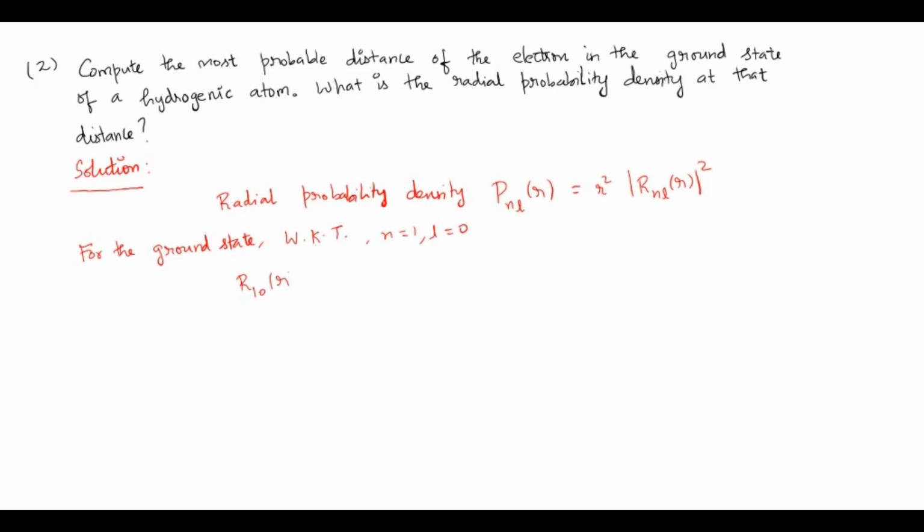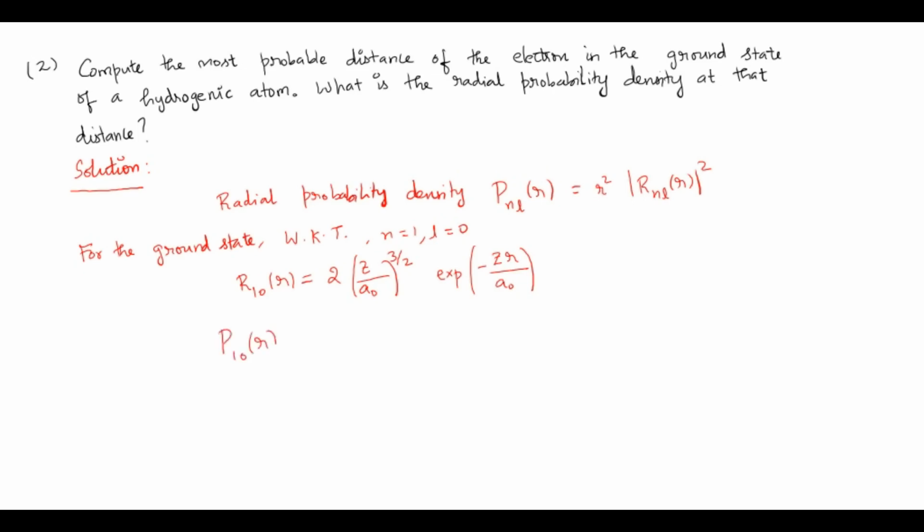R_10 of r is equal to 2 times (Z by a_0) to the power 3 by 2, times exponential of minus Z r by a_0, where a_0 is the Bohr radius. Now let us substitute this here.